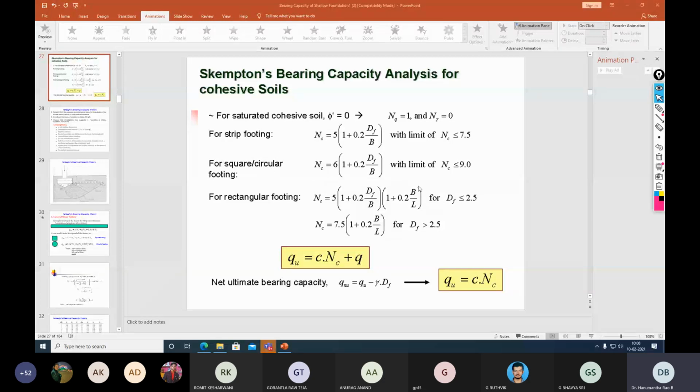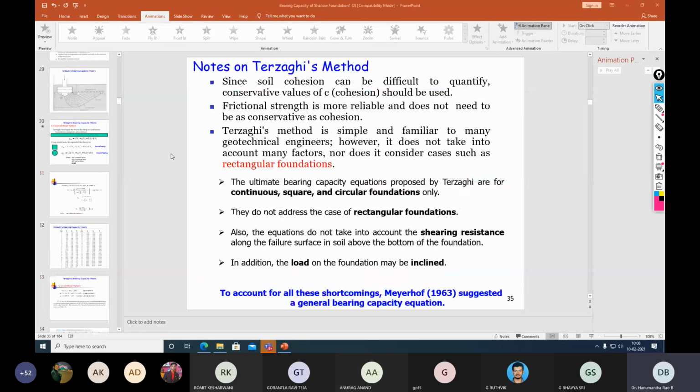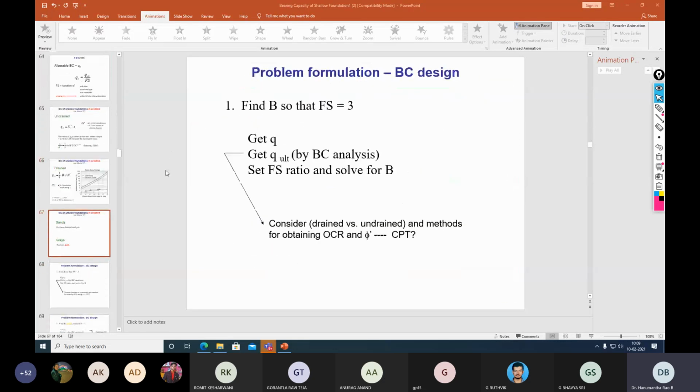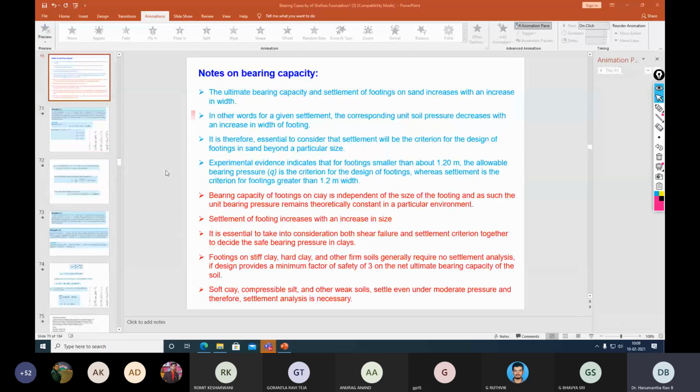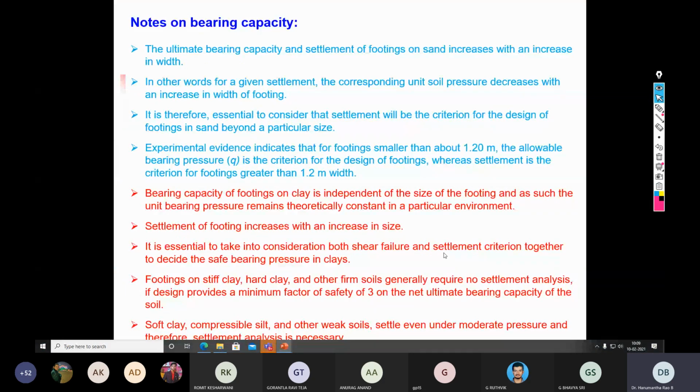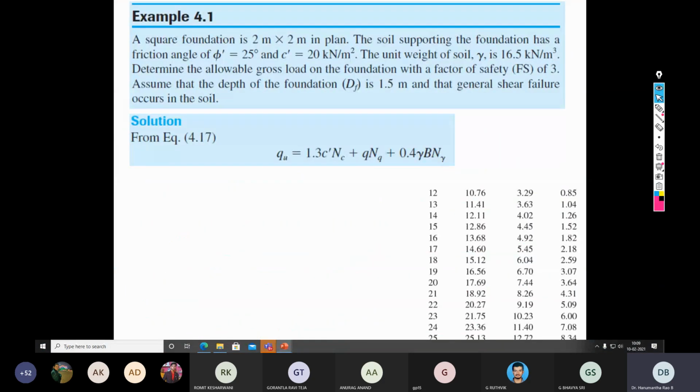Actually, nowadays nobody is using these equations. In fact, even Terzaghi's theory nobody is using. What we are using is only the Meyerhof theory.